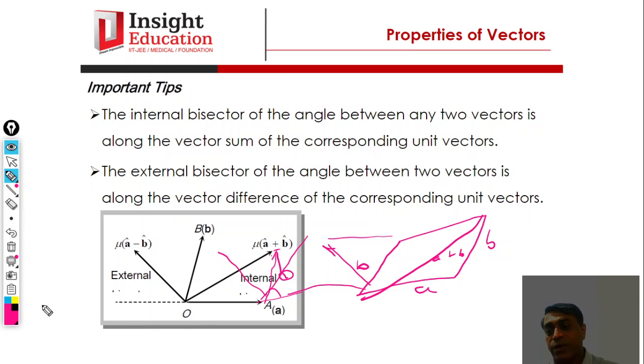I can draw it here. So this is B minus A, and here it is A plus B. So first diagonal and second diagonal: this is the internal bisector and this one is the external bisector.